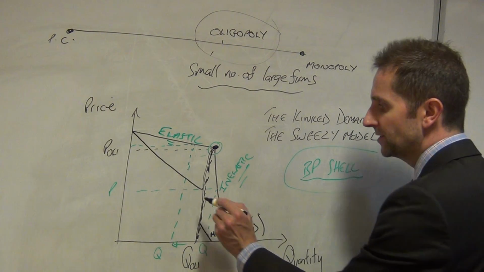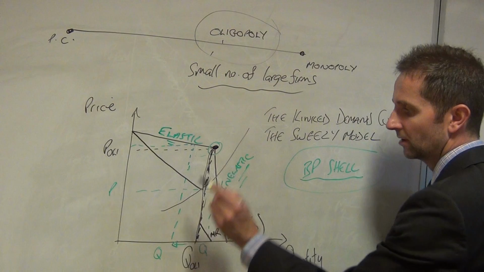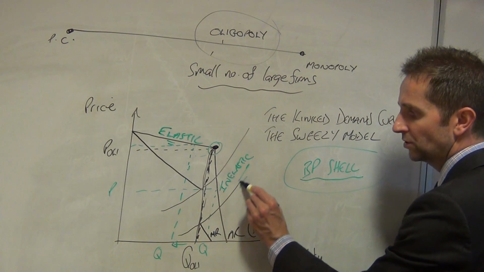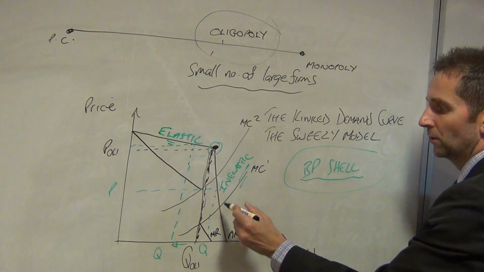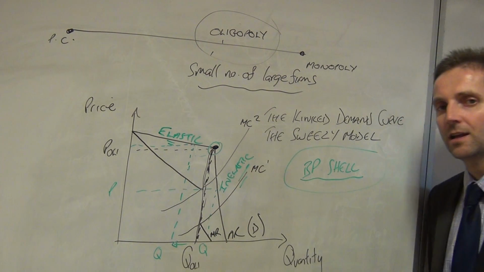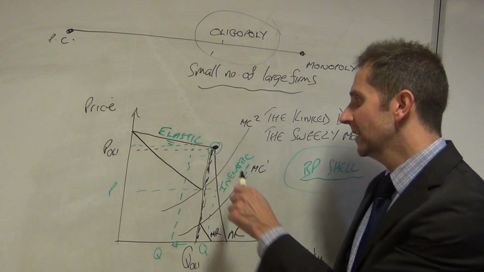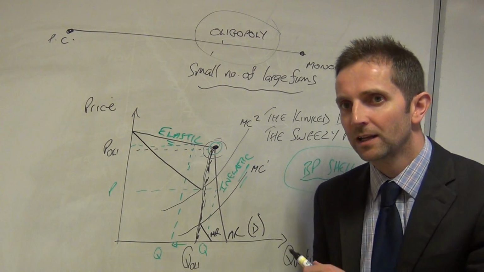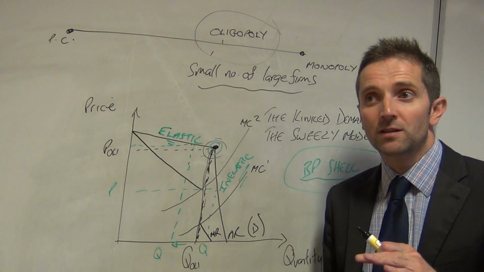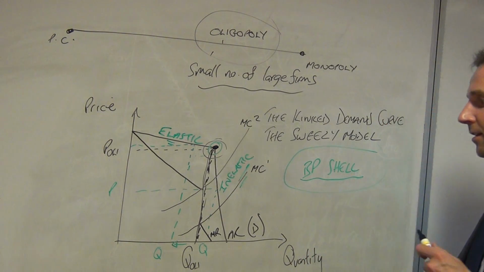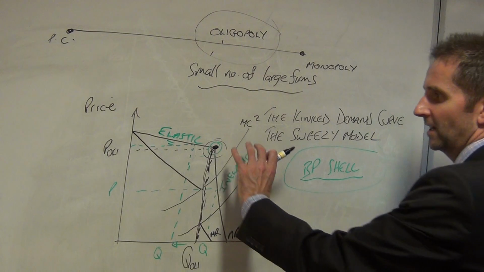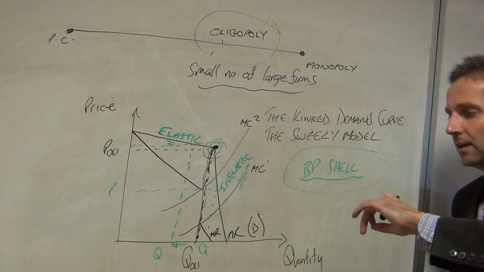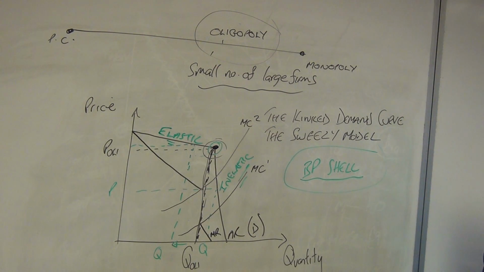The reason for that is that our marginal costs can change quite significantly between MC1 and MC2. They can go upwards, downwards, and we won't see any changes in the price level, for the reasons I've just outlined. That is why we also tend to get this price rigidity in an oligopolistic market.